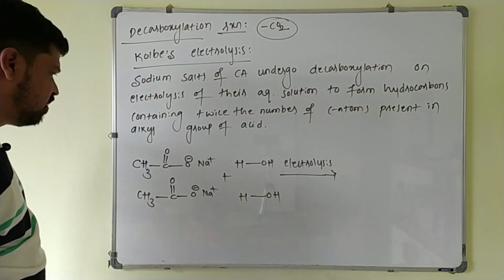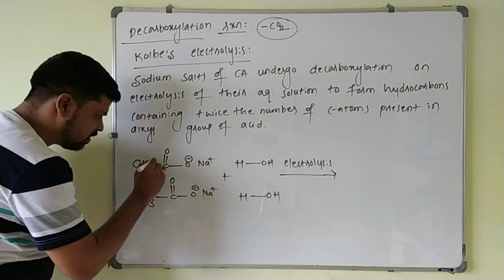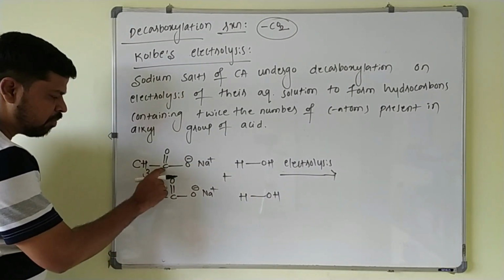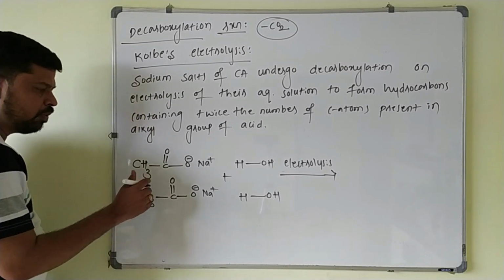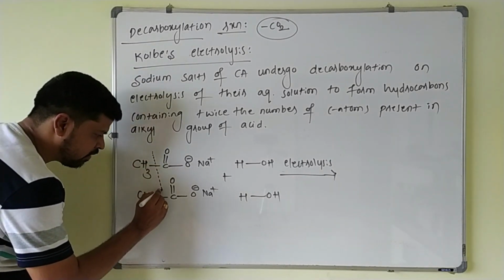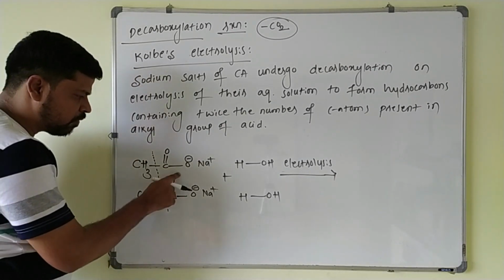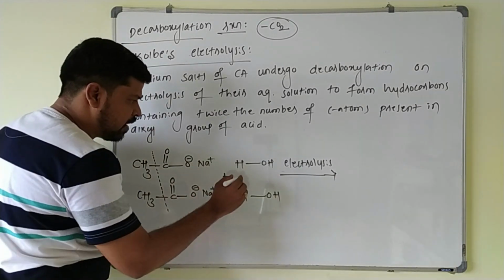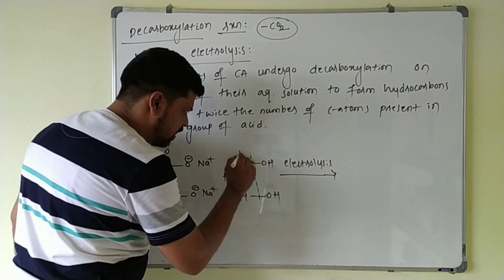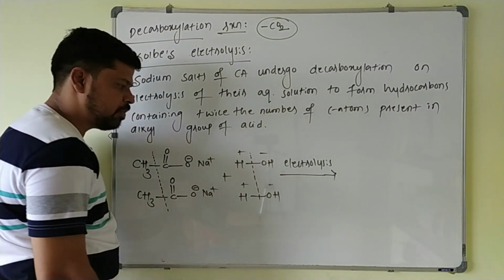What happens here? The trick to write the products is, just you have to break the carbon-carbon bond just before this carbonyl group here. So this bond you have to break here. Here also same thing. These two alkyl groups are connected, and here 2 moles of CO2, Na combined with OH-. This is H+, OH-, H+ and OH- here.